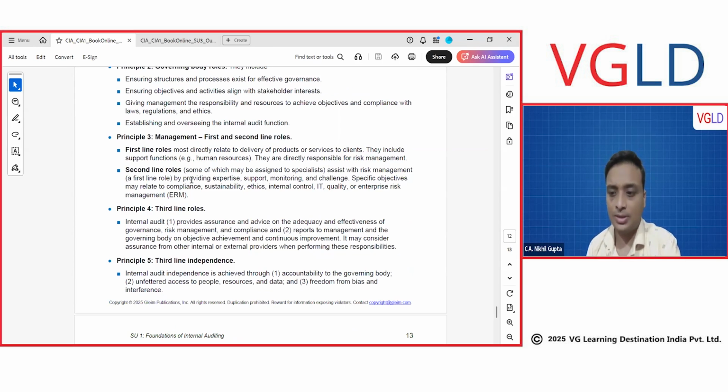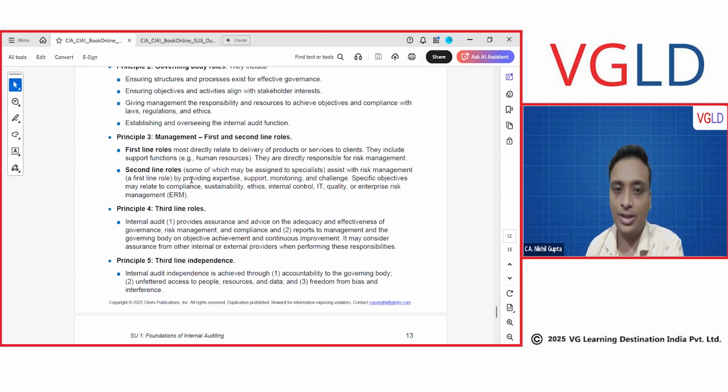Coming to principle 4, first line and second line. First line roles most directly relate to delivery of products or services to clients. They include support functions such as human resources, HR, and they are directly responsible for risk management.